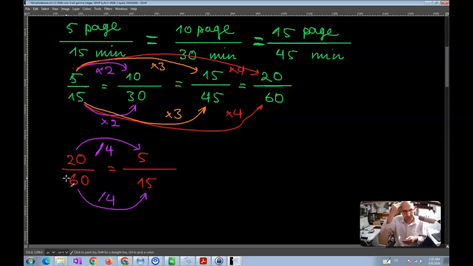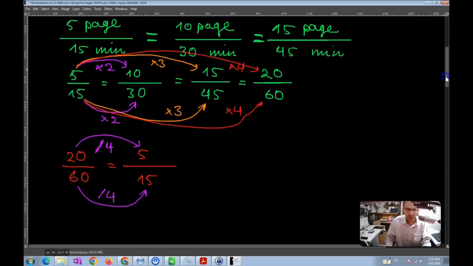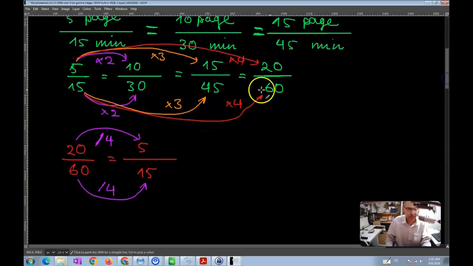Right? Now, one more thing that we have in these fractions is that if you take two fractions, for example these two fractions over here, you can always cross multiply. And what do I mean by cross multiply?